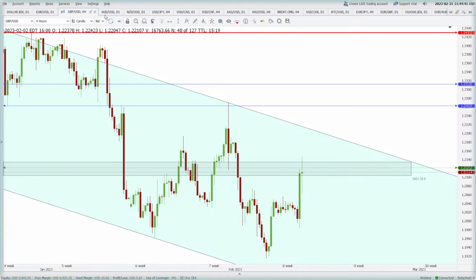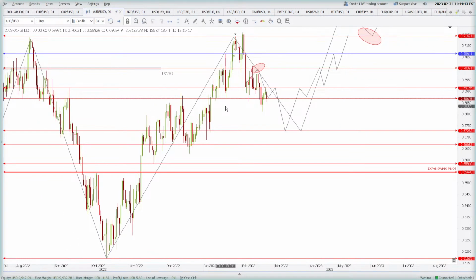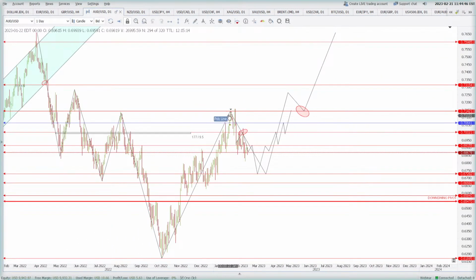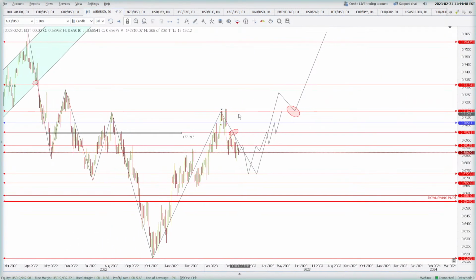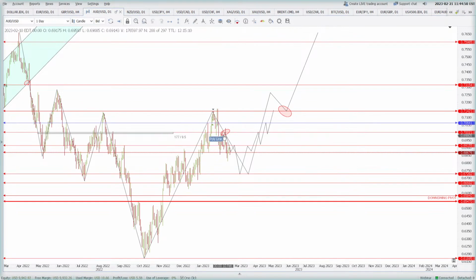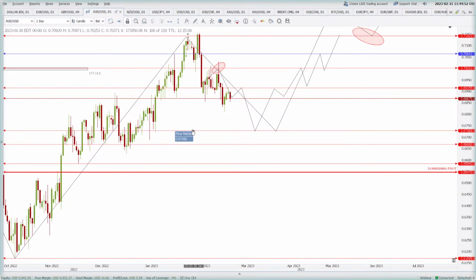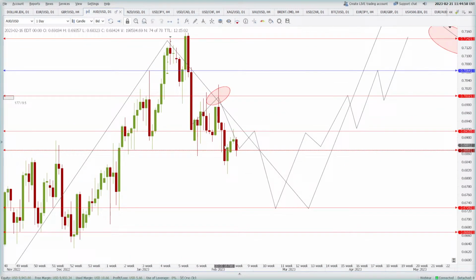All right. What about the Australian dollar? Australian dollar from the 0.7142 area is behaving as we were expecting. After breaking lower from here, it has tested this level as the fresh resistance. Then it has even closed below this low here, the 0.6868 area, and then again went here to test it as a resistance.